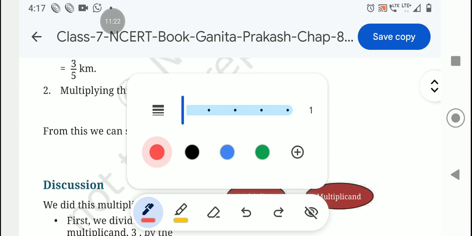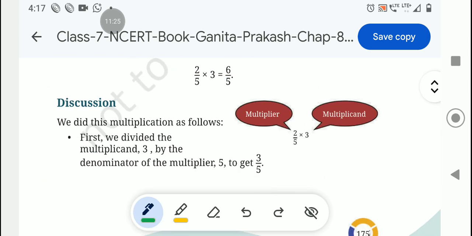Next, the discussion. We did this multiplication as follows. First we divided the multiplicand 3 by the denominator of the multiplier to get 3/5. So here I'll explain what they are telling. To get 3/5, that is 1/5, we take first 1/5 into 3, we did, right?